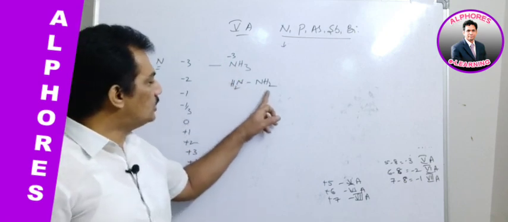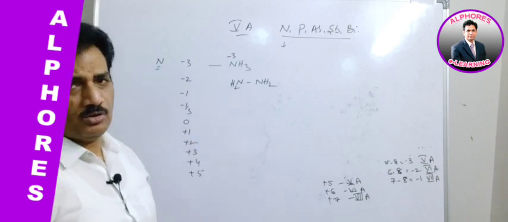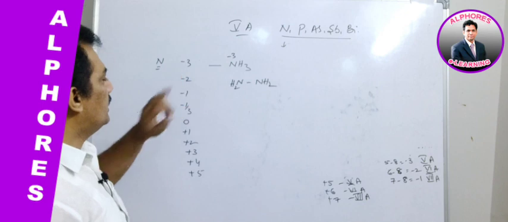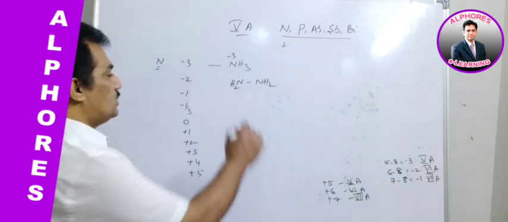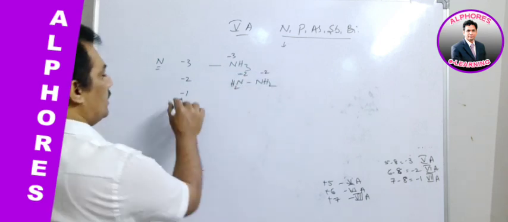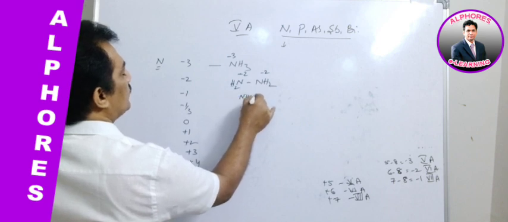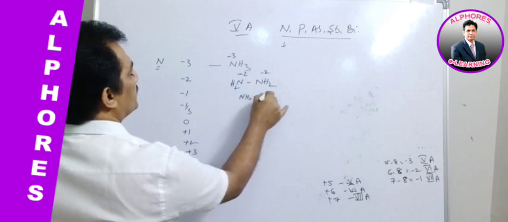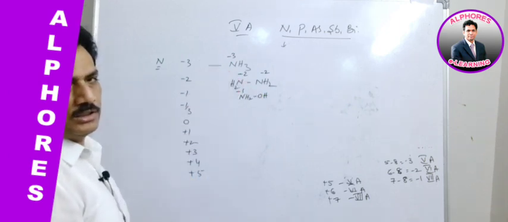And NH2-NH2 is known as hydrazine. You need not worry about the names. Just in this compound, it is exhibiting -2 oxidation state on both these two nitrogens. And then -1, it is nothing but NH2OH. Here it is exhibiting -1 oxidation state.